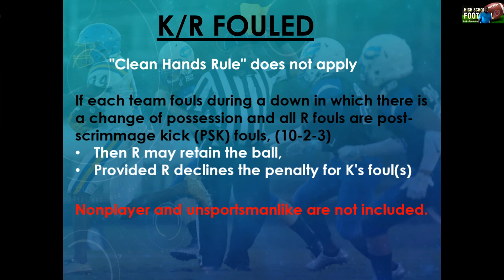There's a foul. If R decides to accept K's holding or whatever they did, it becomes a double foul. And then we're going to replay the down. But if R declines K's foul, R gets to keep the ball, and then K can accept the penalty for R if they want it, and then we only mark off the foul for R.